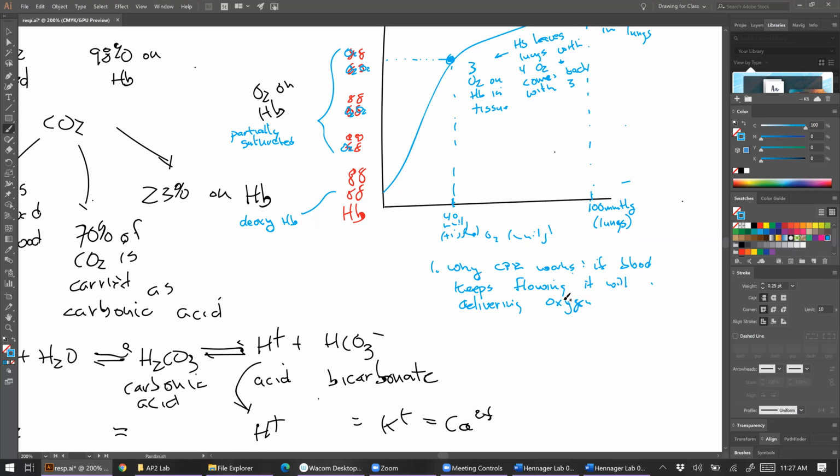That's also why the pulse ox is a red laser thing that you put on the finger.